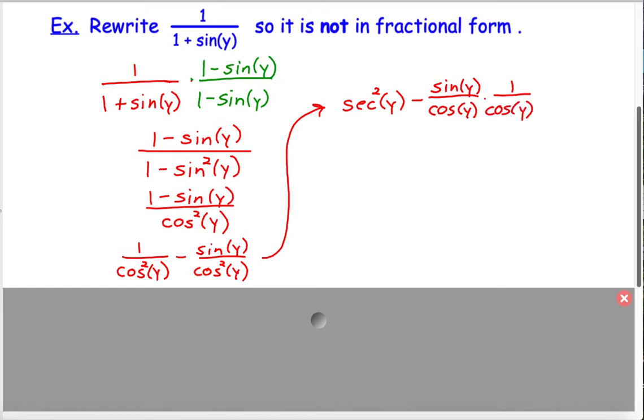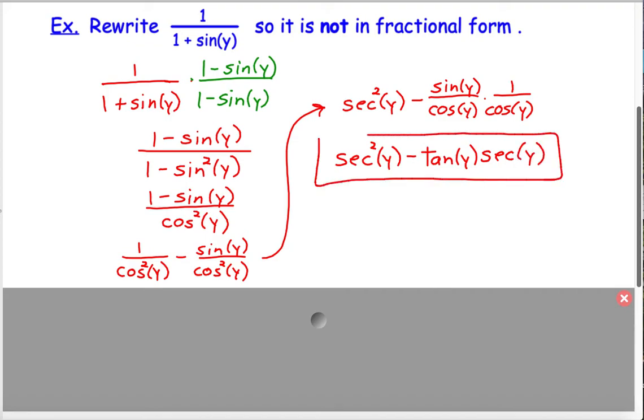That's equivalent to the fraction sine over cosine squared. But splitting it up that way, now I can take that first fraction, sine over cosine, and that's tangent. And 1 over the cosine, that's secant. So now I've rewritten my expression so it does not contain any fractions.